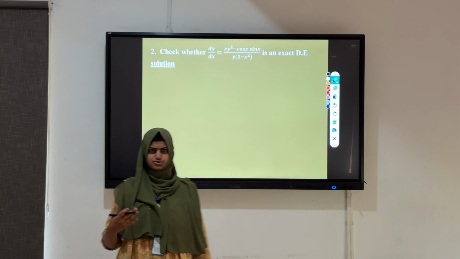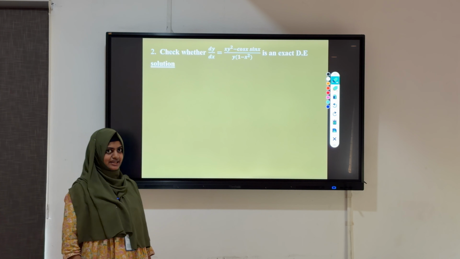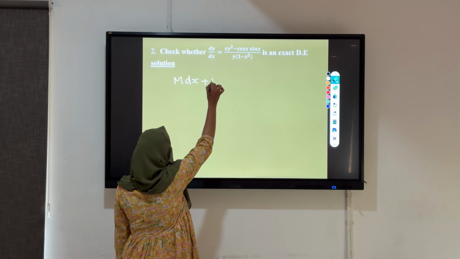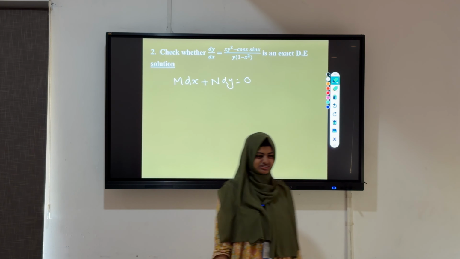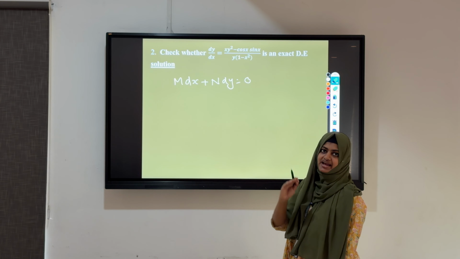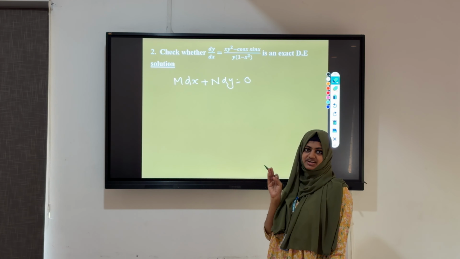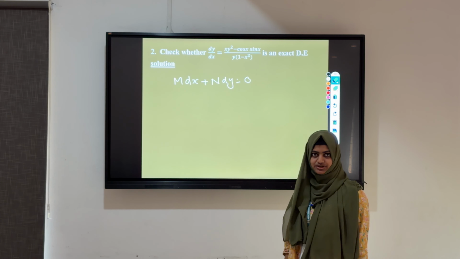We know to check if a differential equation is exact or not, it is of the form M dx plus N dy equal to 0. Here the question is not in the form of M dx plus N dy equal to 0. So first we convert it into M dx plus N dy equal to 0.